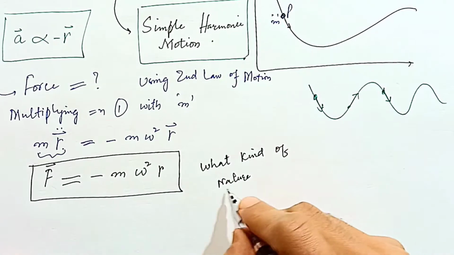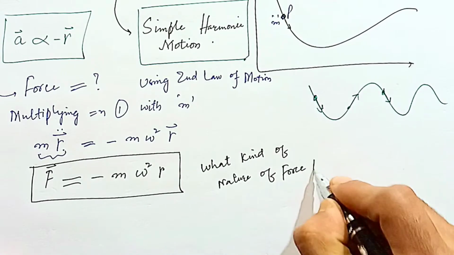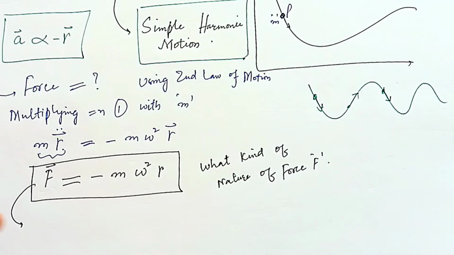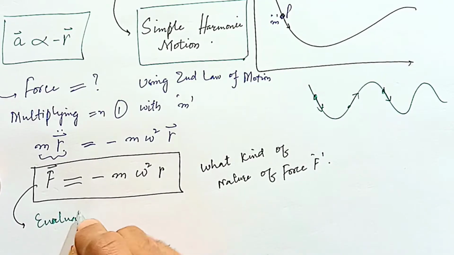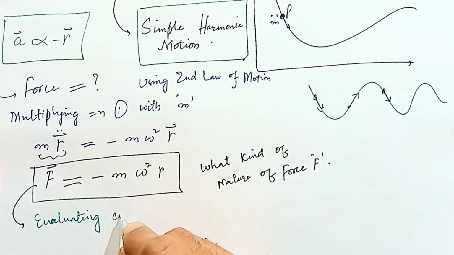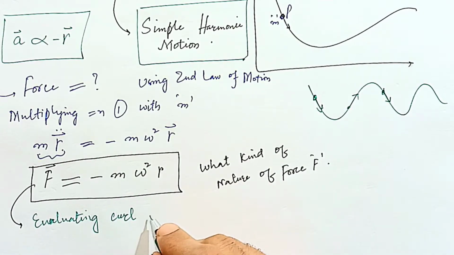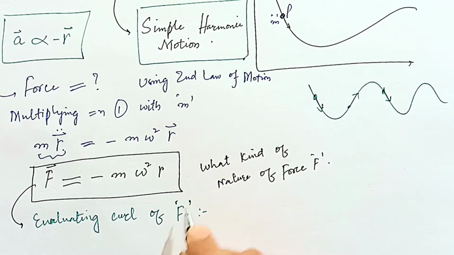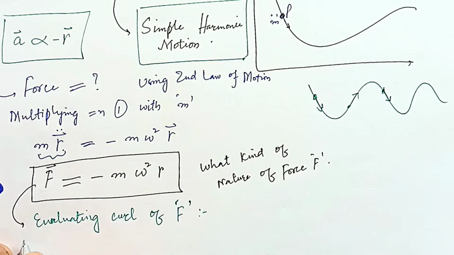So we have to discuss the nature of force F. For that we will apply the curl upon this force, evaluating the curl of force. You might have already done this; these are all simple problems.